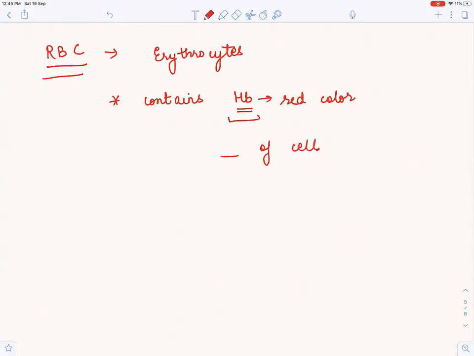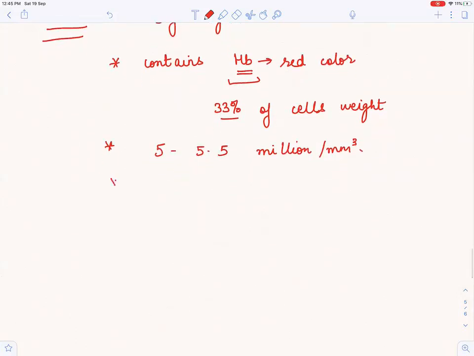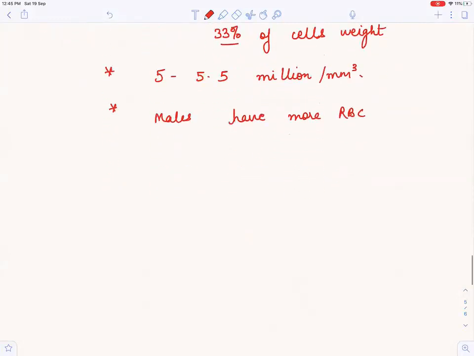Quickly, we have done it in the respiration chapter. 33% of the cell's weight. How many are there? 5 to 5.5 million. Okay. Who have more RBCs, male or female? Males have more RBCs. Very good.